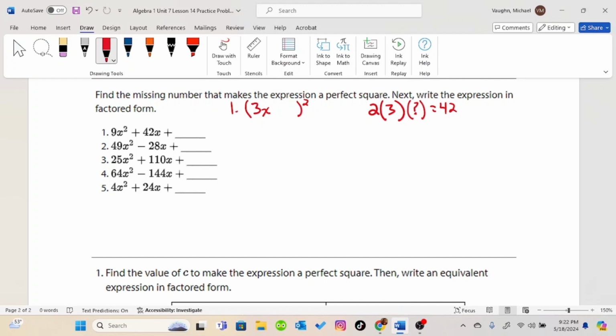2 times 3 is 6. So this is 6 times something equals 42. And if I divide both sides by 6, I find out that that something is 7.